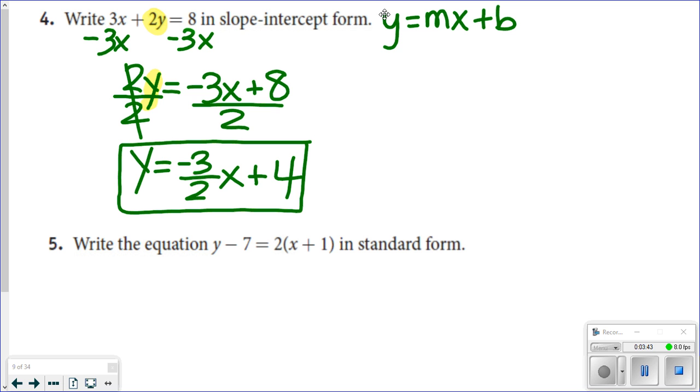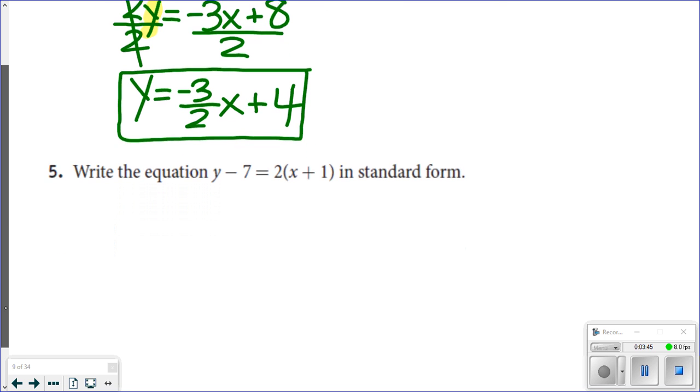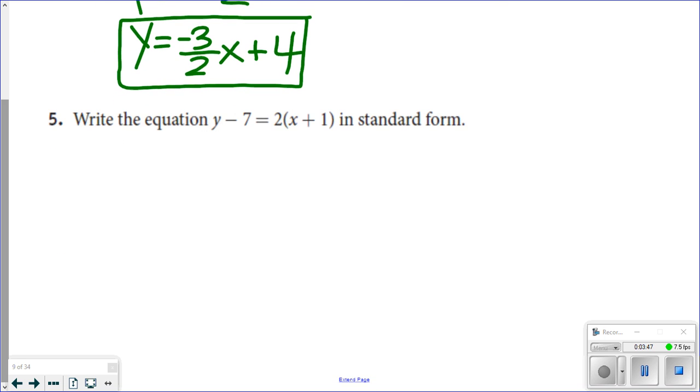All right, question 5. This is point slope form, and we need to convert it to standard form. So we're tying all of activity 12 together. So in order to convert it to standard form, the first thing that I'm going to do is get rid of my parentheses. So we're going to distribute here.